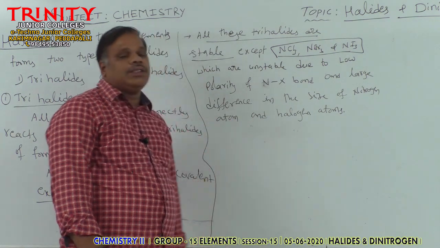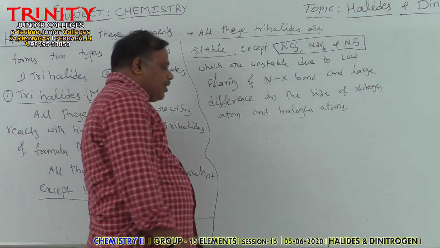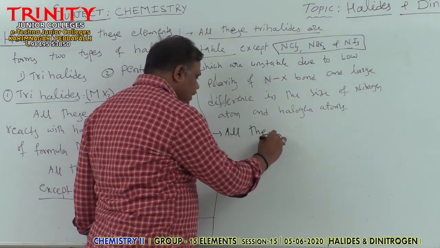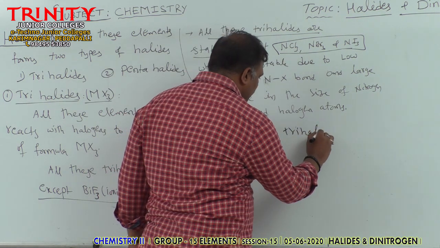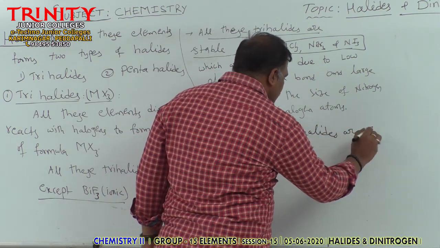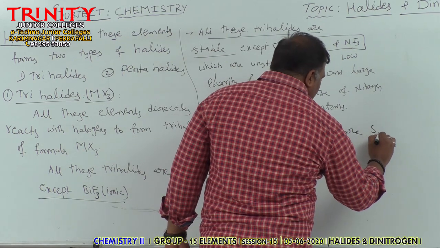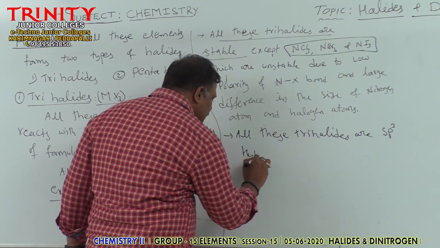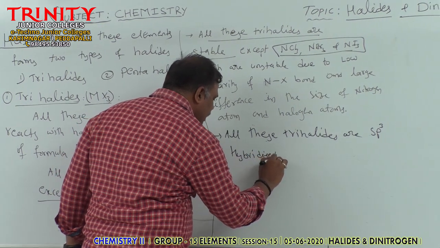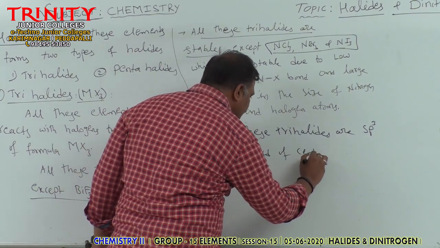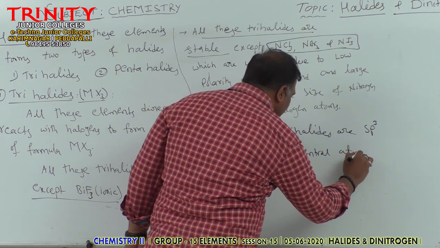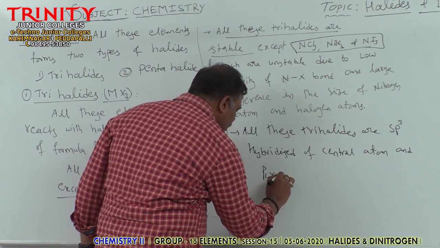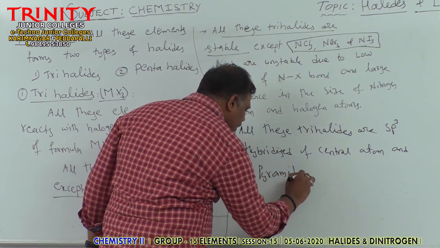Then all these trihalides are sp3 hybridized at the central atom and have a pyramidal or trigonal pyramidal shape.